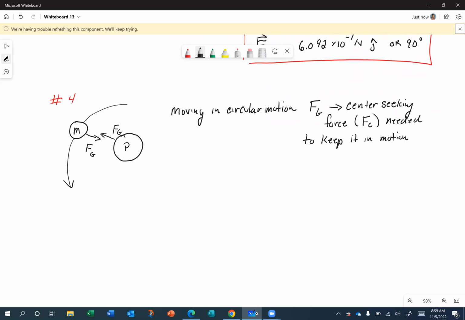So what we're looking for here, we're given the speed. So that speed of 5 kilometers per second. Immediately I need to change that to meters per second. So 1,000 meters is 1 kilometer. That's how I would change that. So we look at that as 5,000 meters per second.